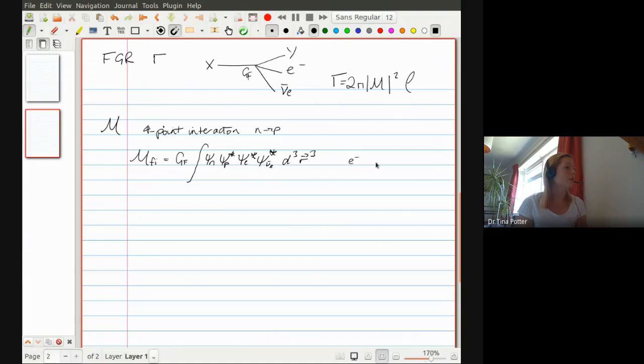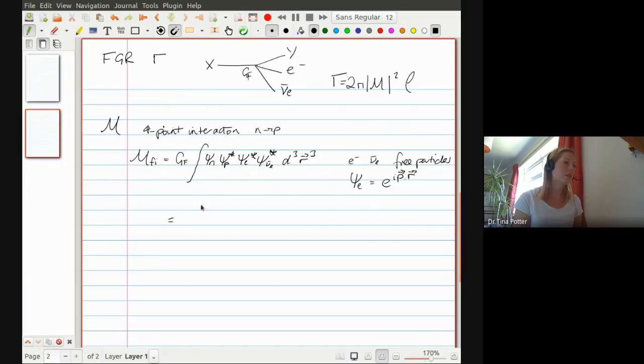Now our electron and our antineutrino are free particles. They're quite easy. We can just write their wave functions as e to the minus i p dot r, so it depends on the momentum of the electron. But the proton and the neutron are not free particles. They are in bound states, and we need to take that into account.